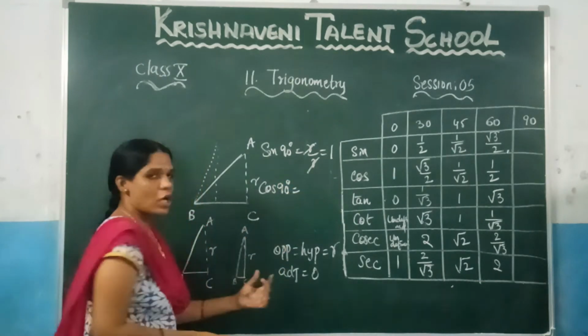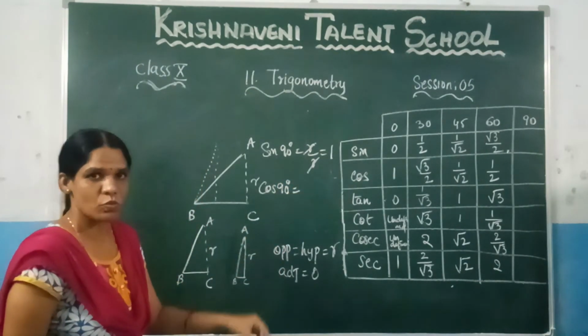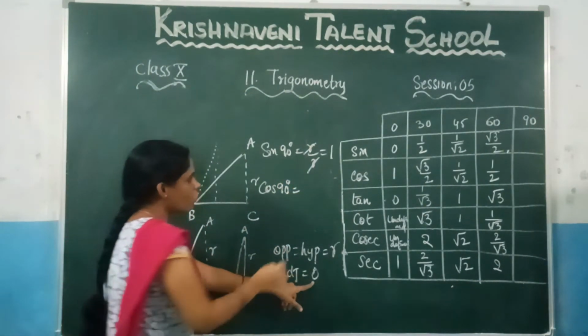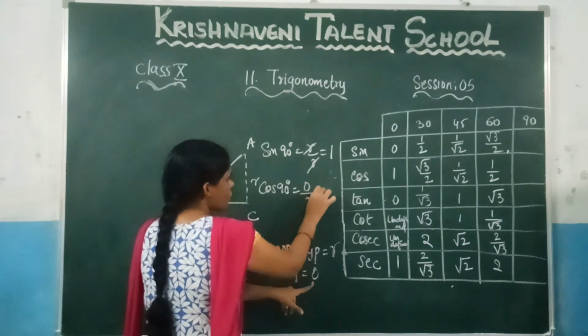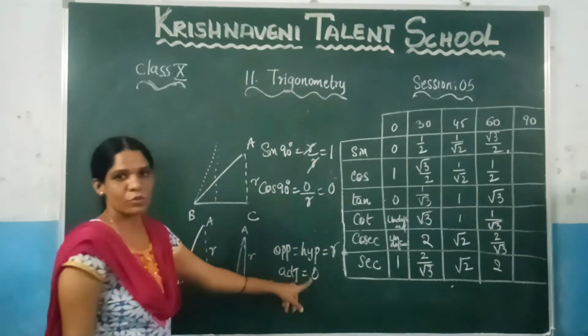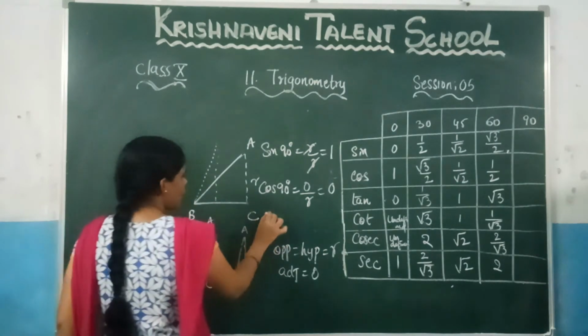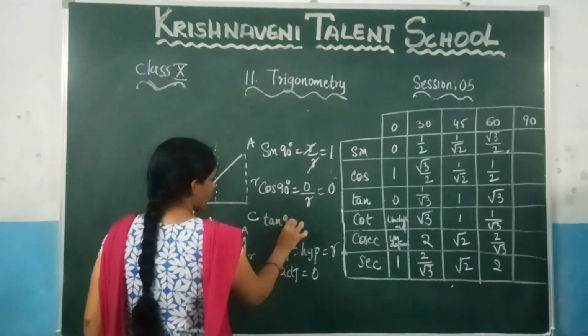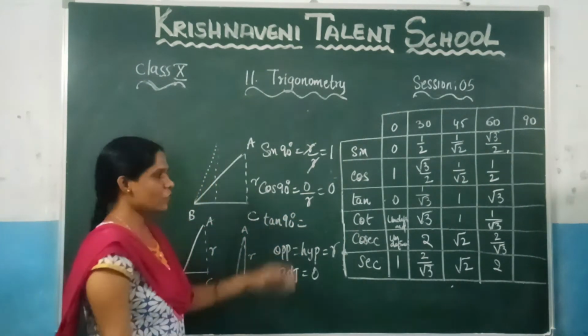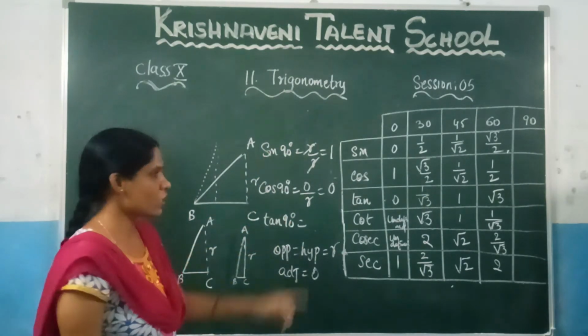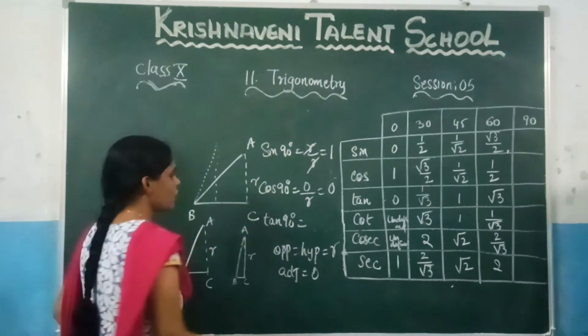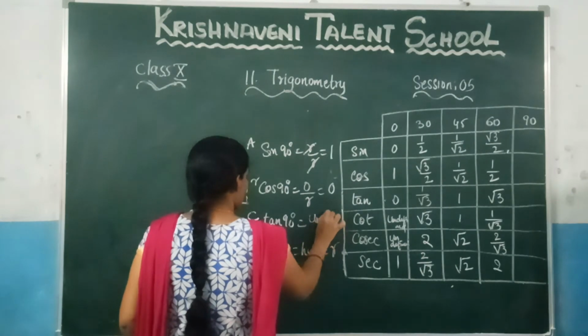What is the value of cos? Adjacent side by hypotenuse. The adjacent side here is 0 and the hypotenuse is R, so we get the value as 0. Now let us find the value of tan 90. If you divide these two, you get tan. What is the value of 1 by 0? It is undefined. So tan 90 is undefined.